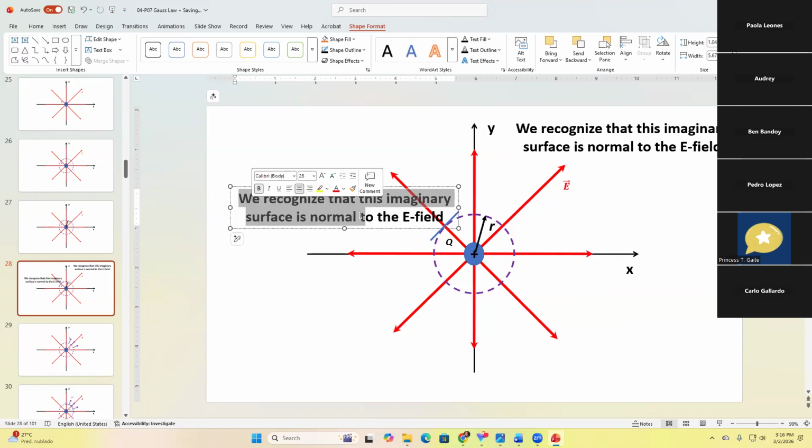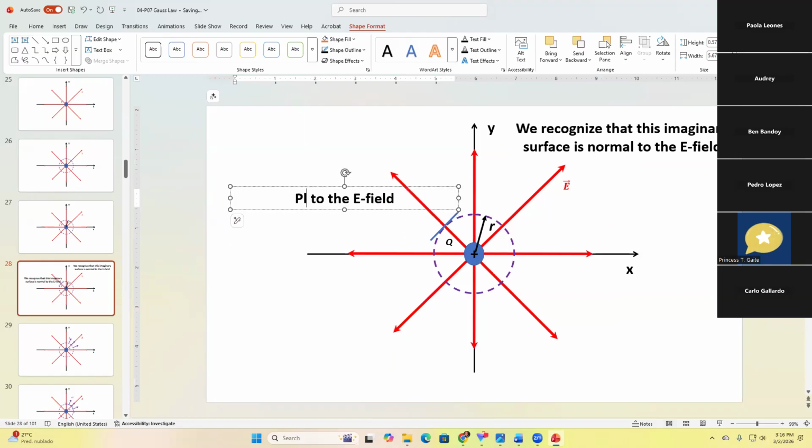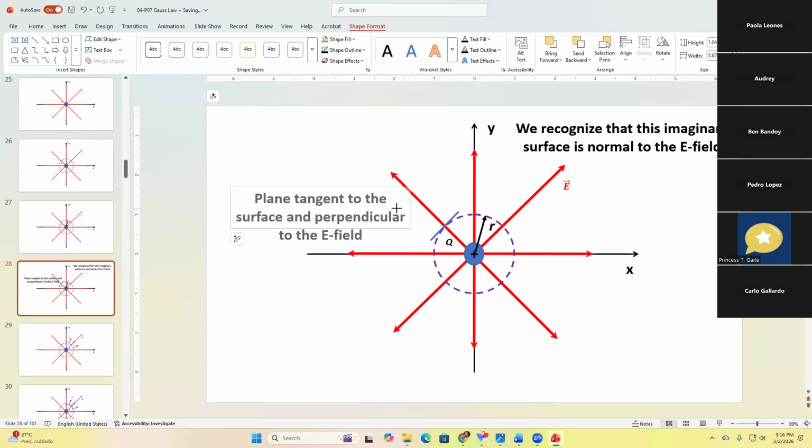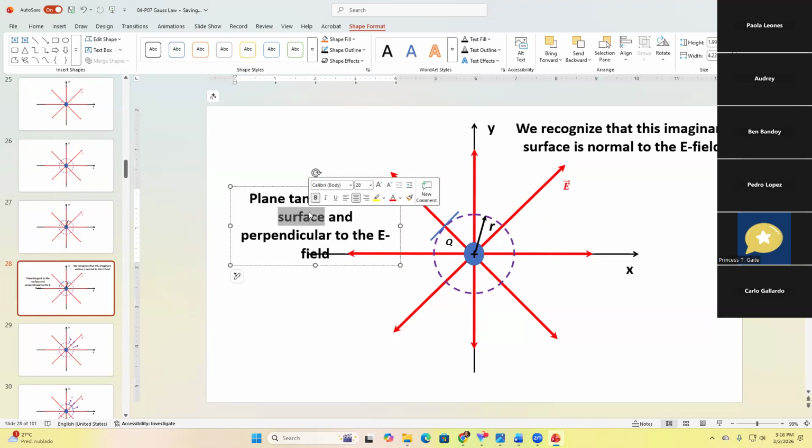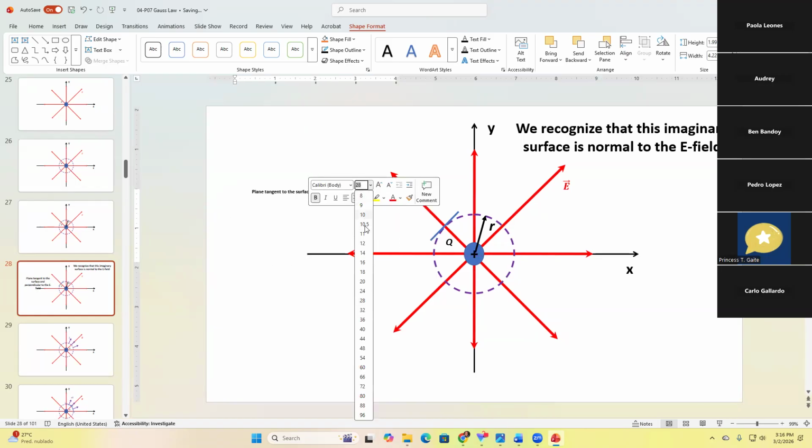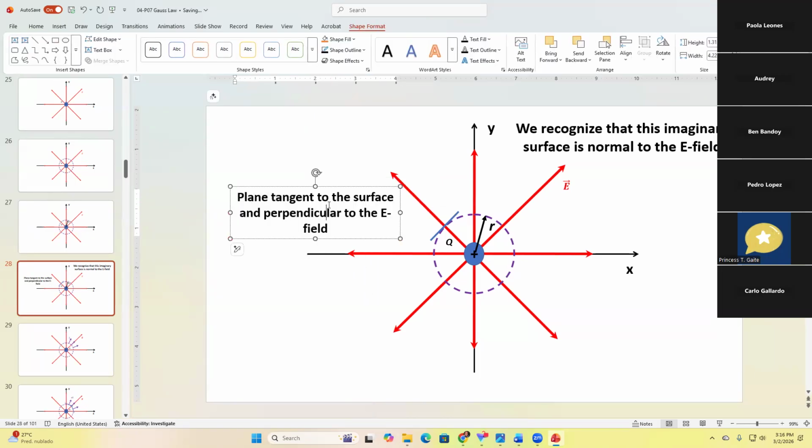Let's write it down. Plane tangent to the surface and perpendicular to the E field. And I want to make it smaller so it can fit nicely here, but not too small, otherwise you won't be able to read it.